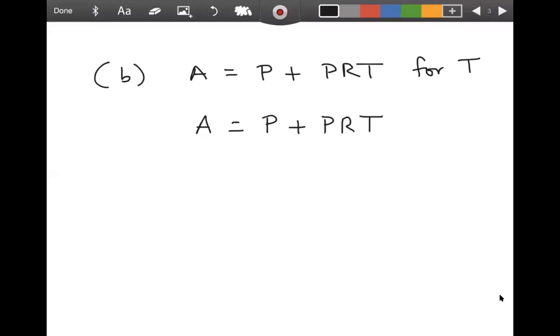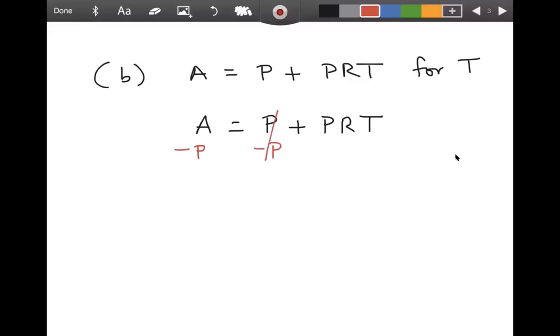Okay, so we want to get t by itself. So what's standing in the way of getting t by itself is two things. Somebody took the letter t, multiplied it by PR, and then they added p. So I need to undo those things in the reverse order. First, I need to get rid of p, the p that's by itself. Okay, so that's how we do that.